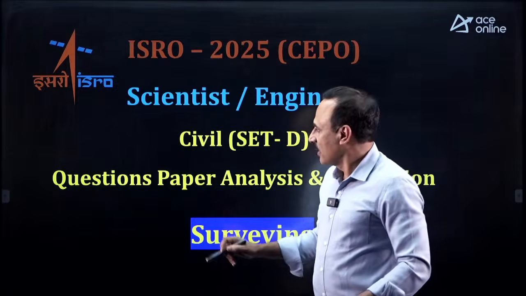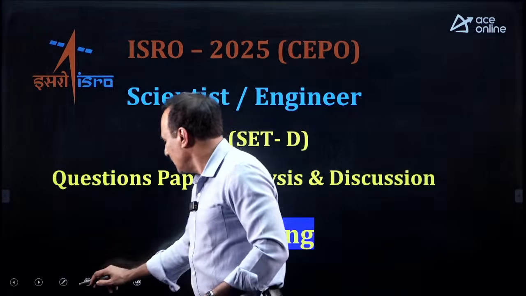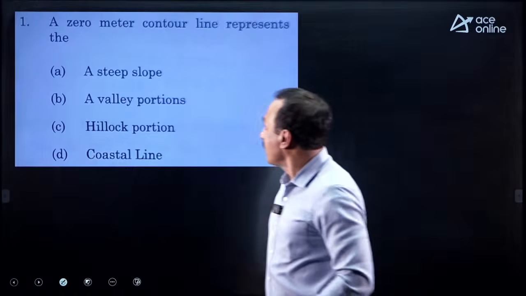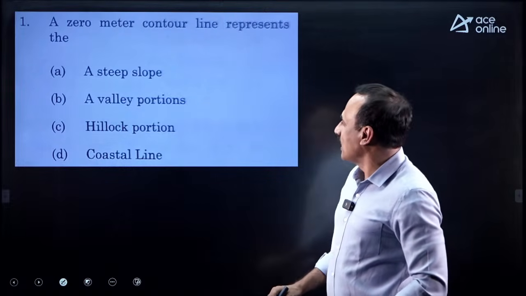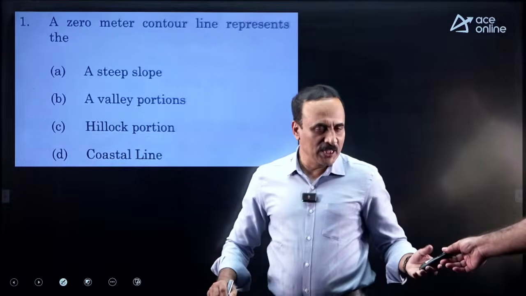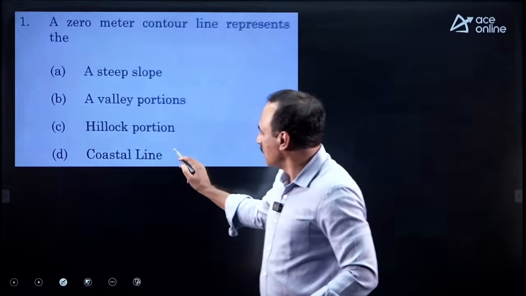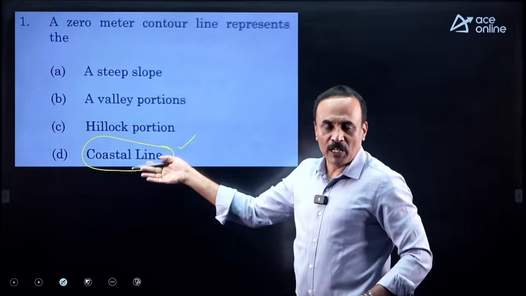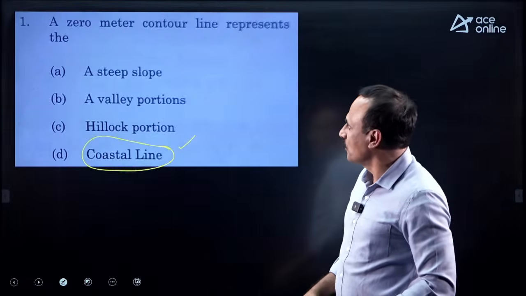Coming to the first question in surveying, the 0 meter contour line is nothing but the coastal line. Especially in this case, you can go by process of elimination also.